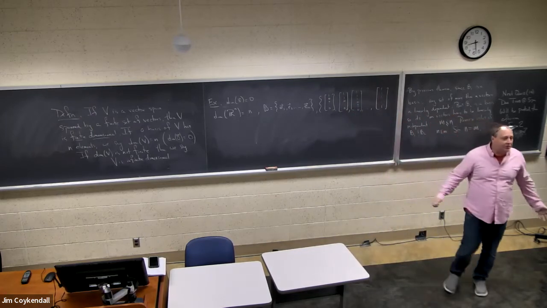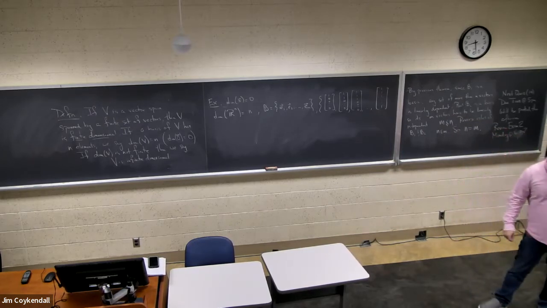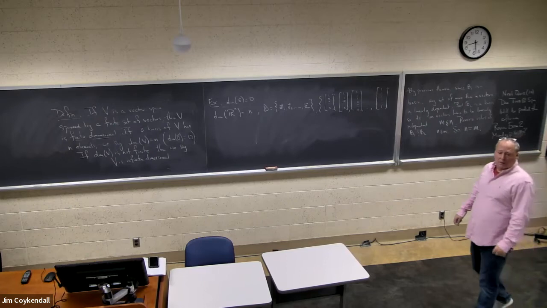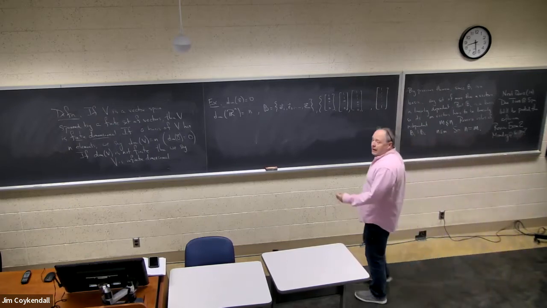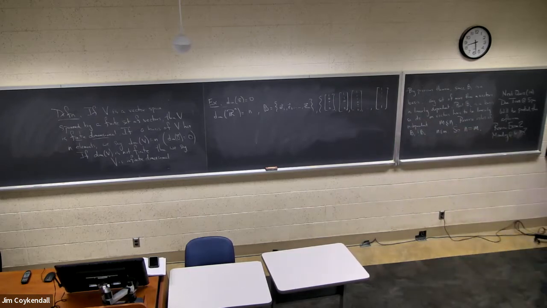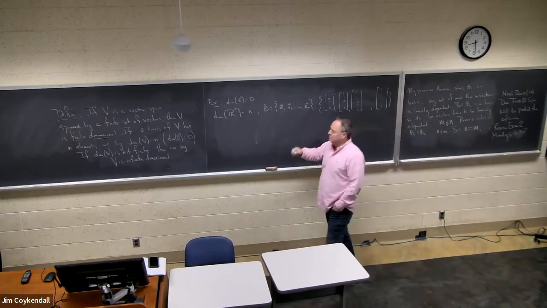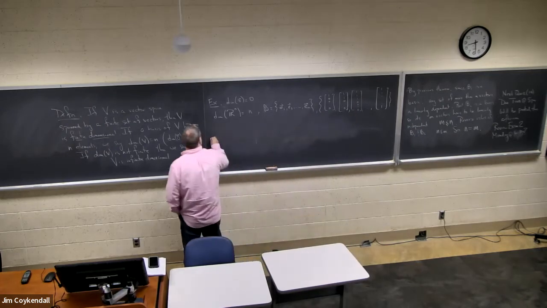This is another basis for Rn. It's not too bad to show that that is a linearly independent spanning set as well. But the magic of the previous theorem tells me that any two bases of Rn must have the same number of elements. So that's good. And there are many more exotic bases.